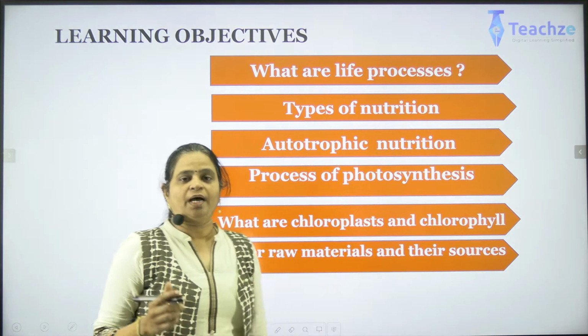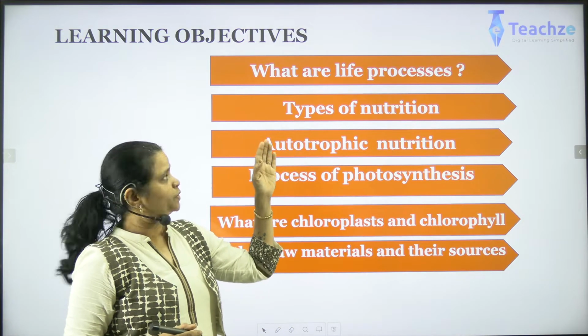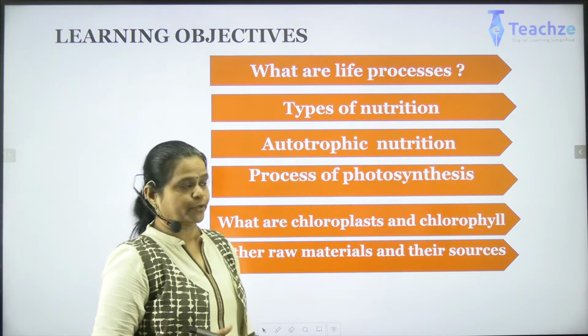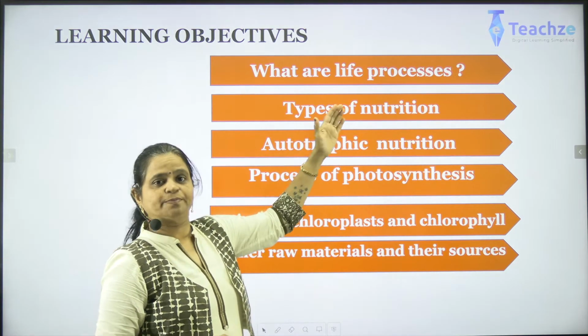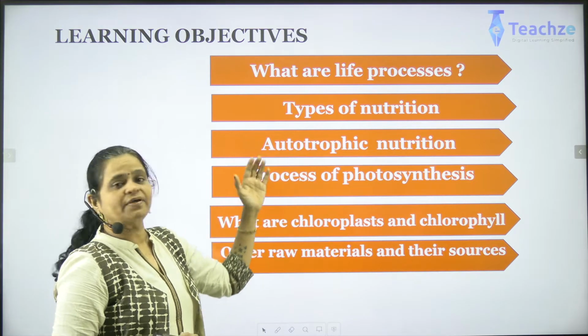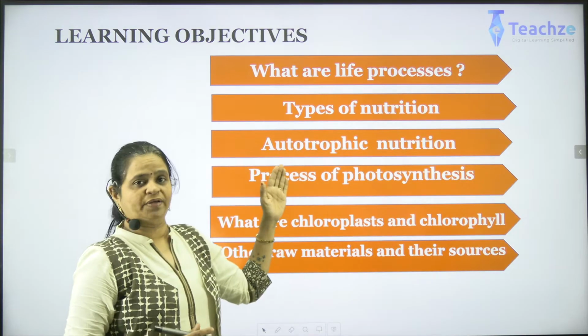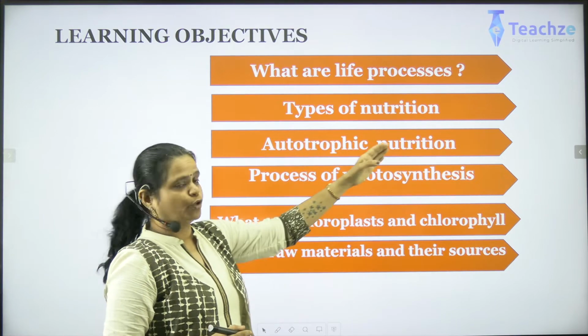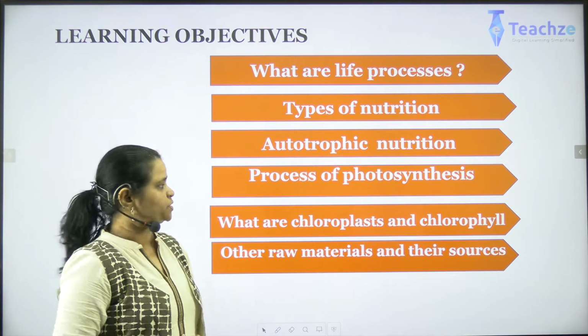Today, we are going to have a brief encounter with the life processes. That is, what are the different life processes we come across and what are the different types of nutrition. We will be giving more importance in this particular session to autotrophic nutrition, that is plant nutrition.